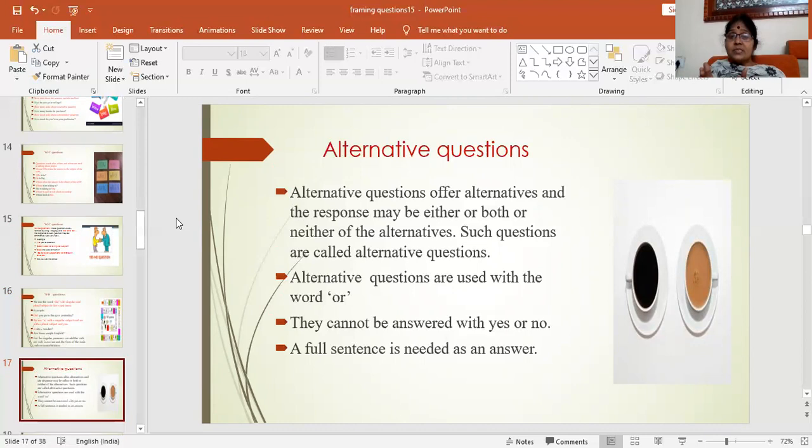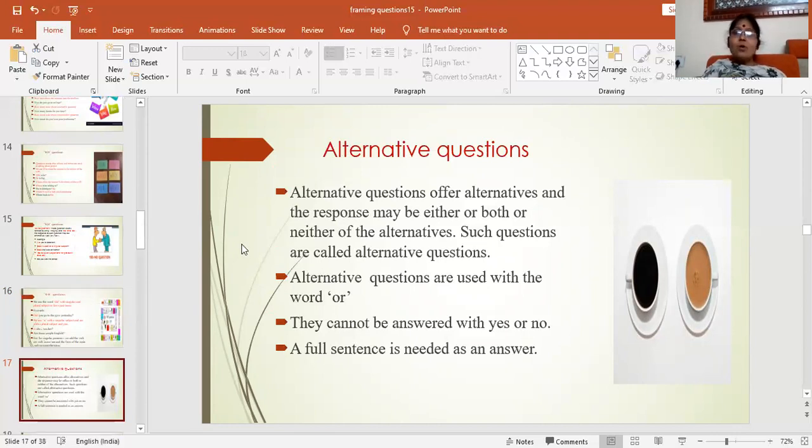Alternative questions are used with the word or, and they cannot be answered with yes or no. Even for alternative questions, like WH questions, we need a full sentence for the answer. Would you like to have black coffee or milk tea? Right? I would prefer black coffee. My answer should be complete.